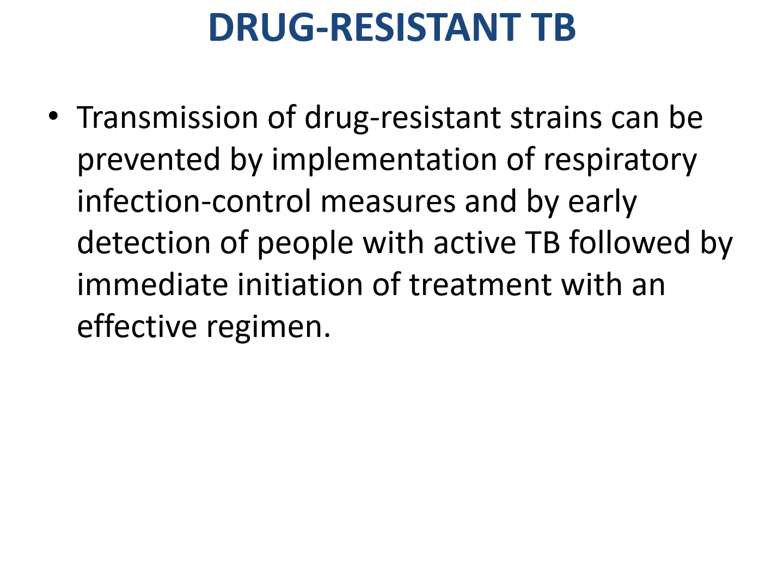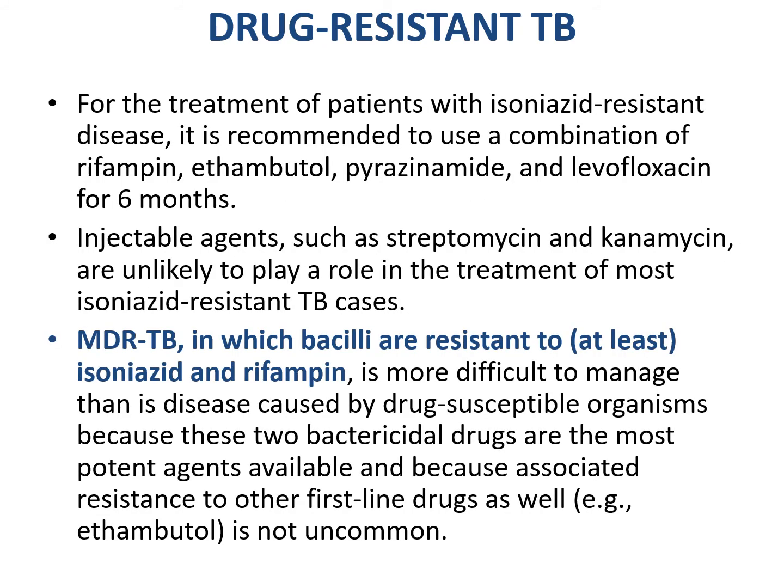Transmission of drug-resistant strains can be prevented by implementation of respiratory infection control measures and by early detection of people with active TB followed by immediate initiation of treatment with an effective regimen. For the treatment of patients with isoniazid-resistant disease, it is recommended to use a combination of rifampin, ethambutol, pyrazinamide, and levofloxacin for 6 months.